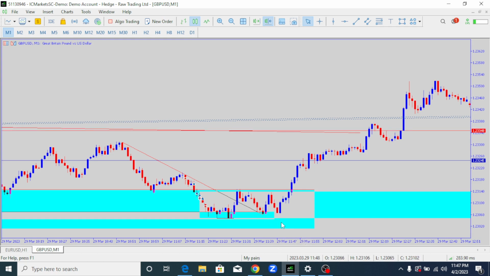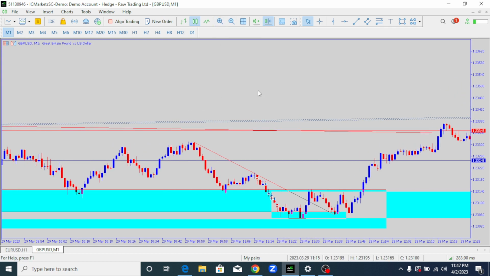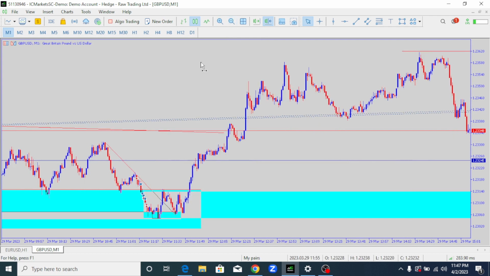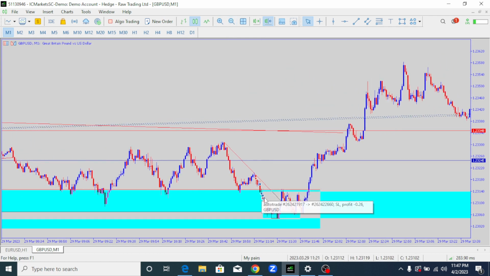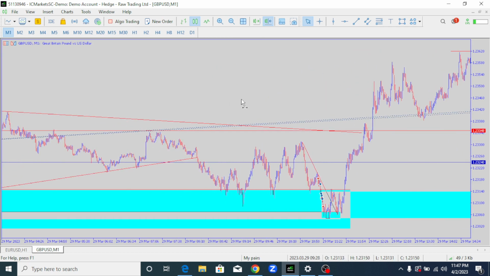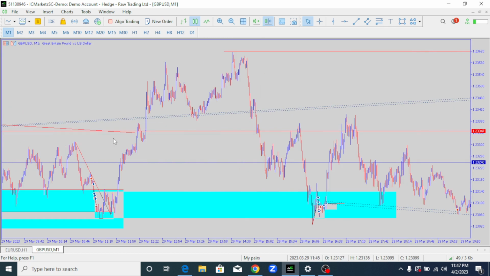After the price would have manipulated the trend line and these equal lows, I'd look for buys to the upside. These first 2 entries were premature, these two, actually all these three, and the other entries, which means I've lost 10.